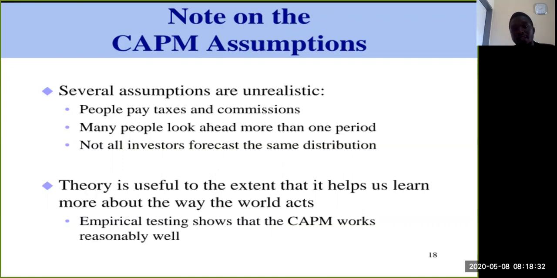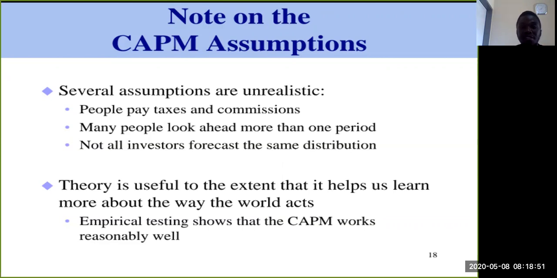Several assumptions are unrealistic. So let us look at the assumptions that are unrealistic. People pay taxes and commission, and we saw that the capital asset pricing model assumes that people do not pay taxes and commissions. Many people look ahead more than one period.